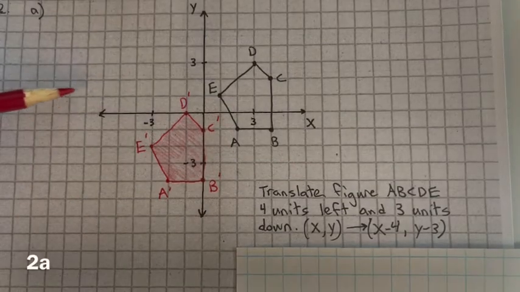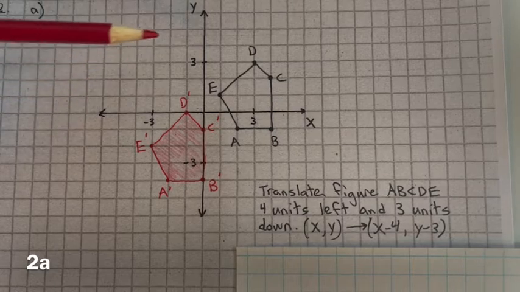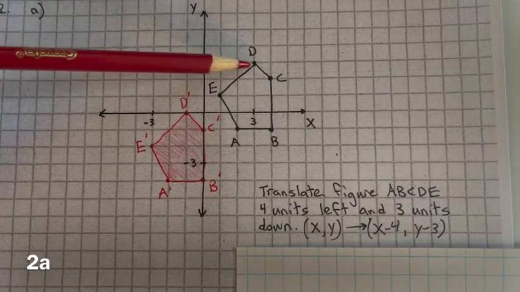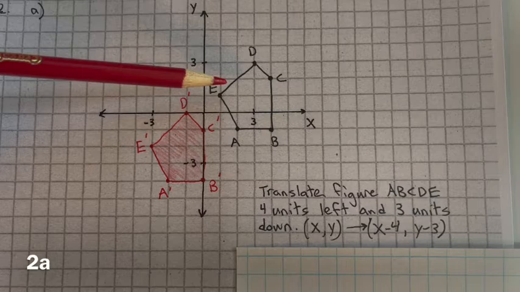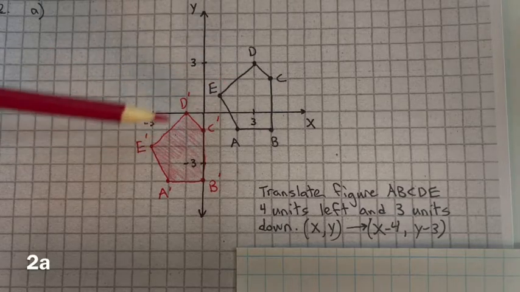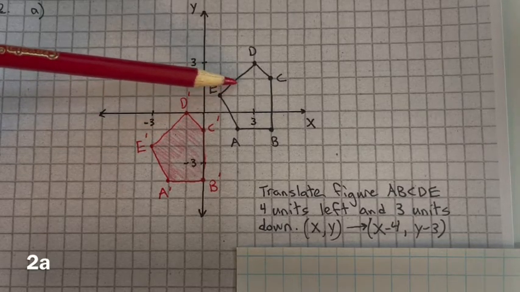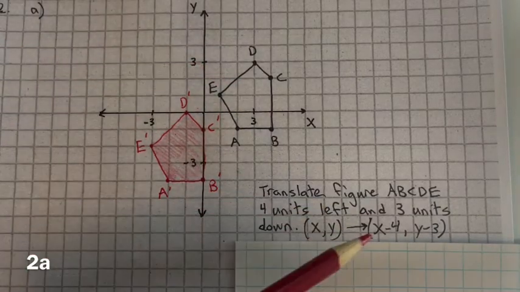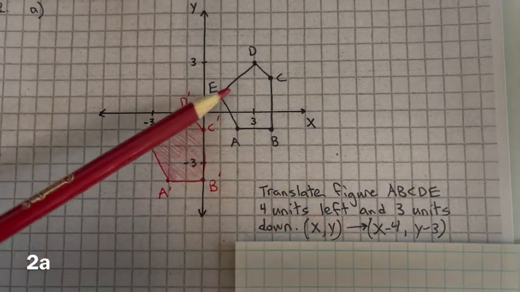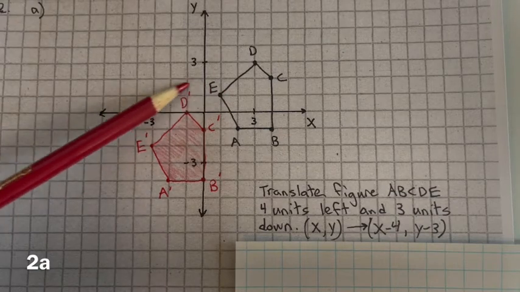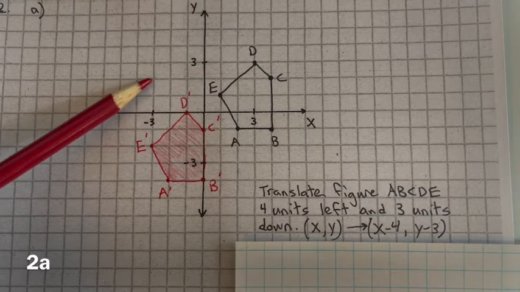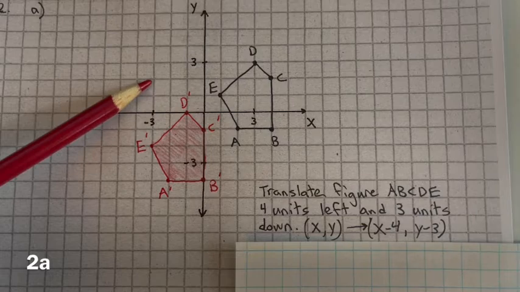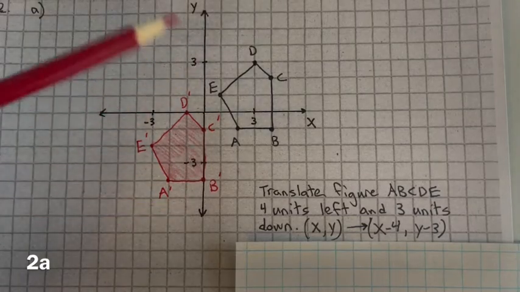For problem 2a, we need to translate figure ABCD 4 units to the left and 3 units down. Or if you're going to the left, that would be x minus 4. So 4 units to the left on the x-axis, and then y minus 3, 3 units down.